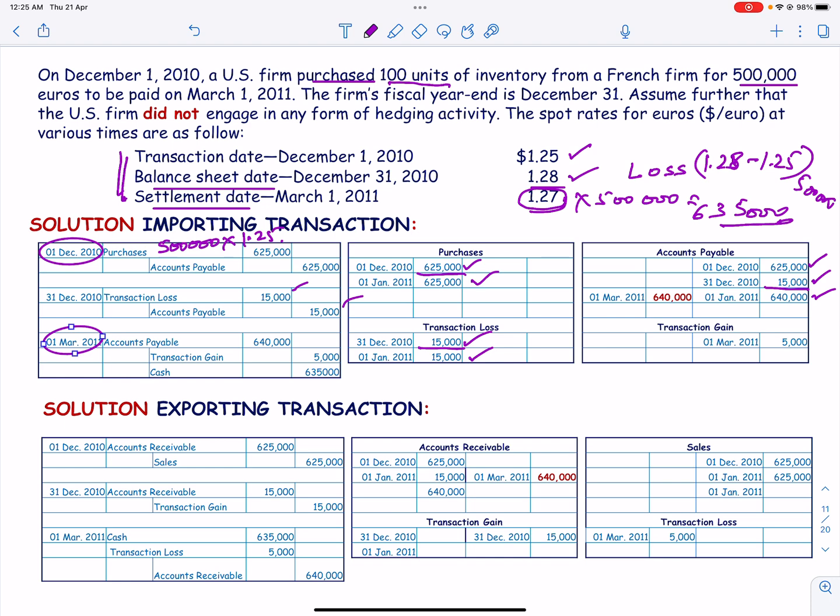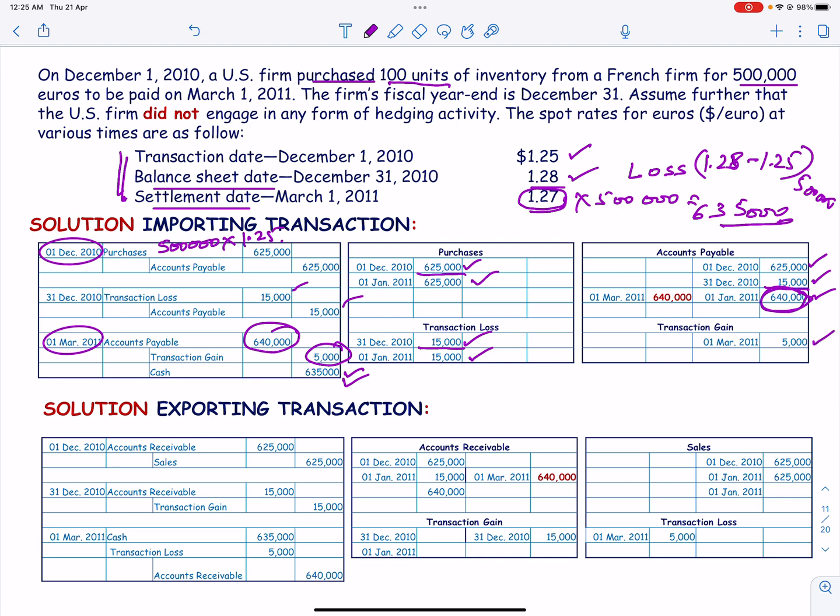So the general entry is, now we are going to buy, so cash is going to be credit by 635. We have to make the payment of 640,000. So we have 640 over here, and the difference is our transaction gain.